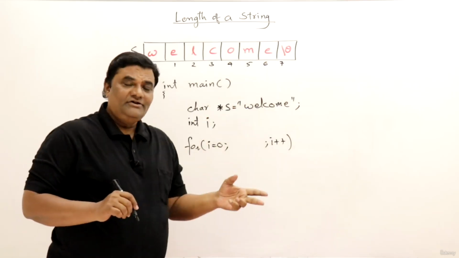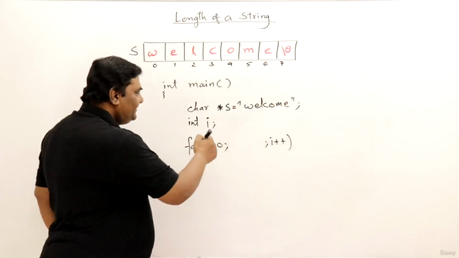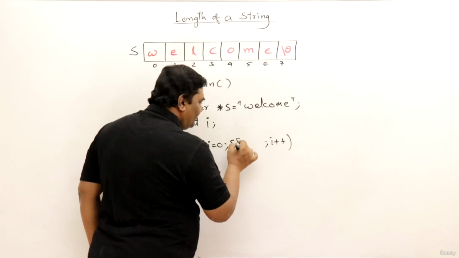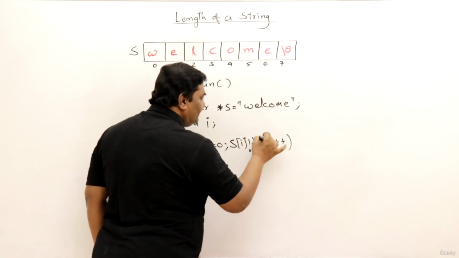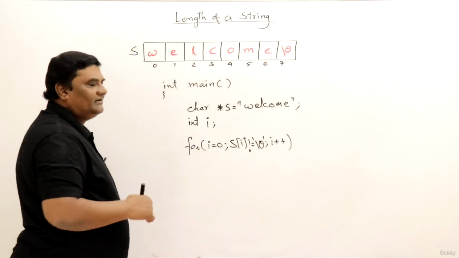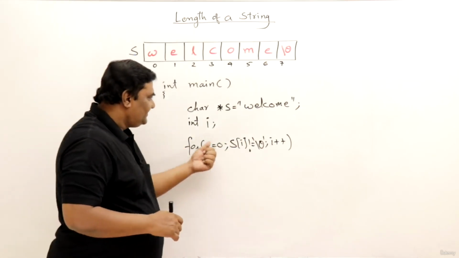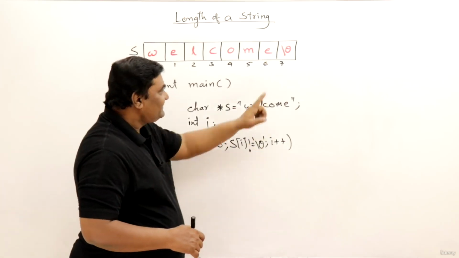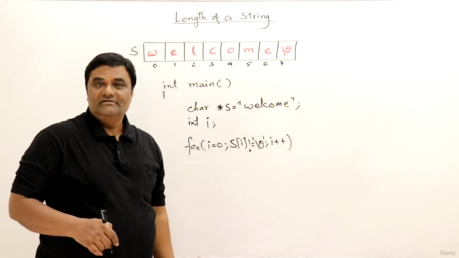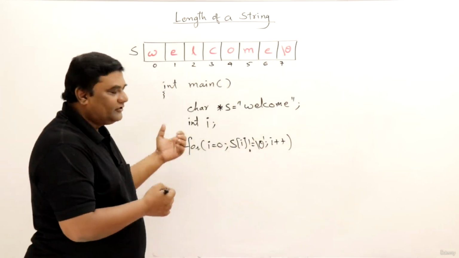So if it is not equal to the null character, I should continue. So here the condition should be S[i] not equal to the null character. That's it. This for loop will start from 0 and go on incrementing, and it will stop when it has reached the null character. So this is the for loop.